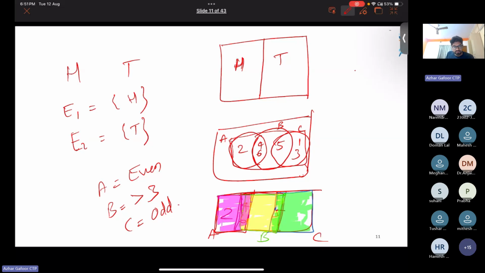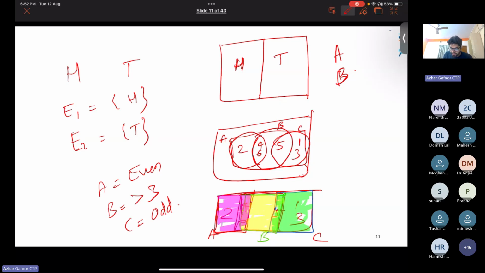Then C is odd, so it will have 1, 3, and 5. Now if we take events A and B, these are not mutually exclusive because there are common elements in both, so the occurrence of A will have elements in B.